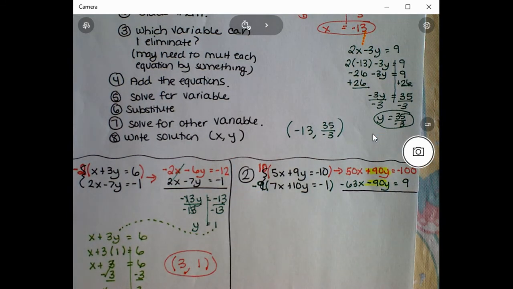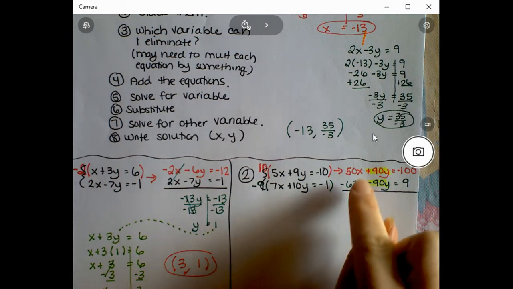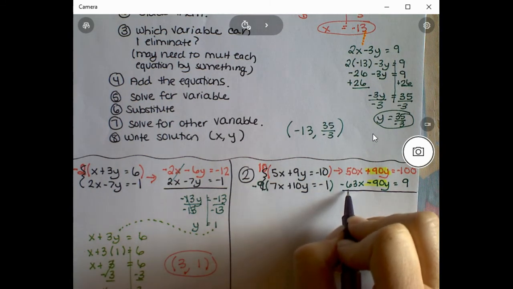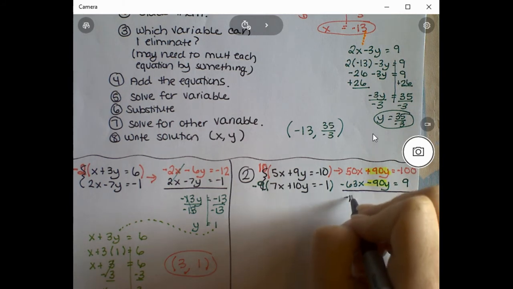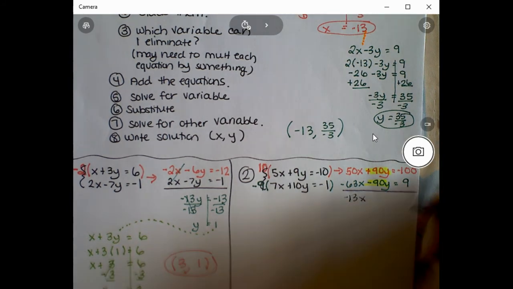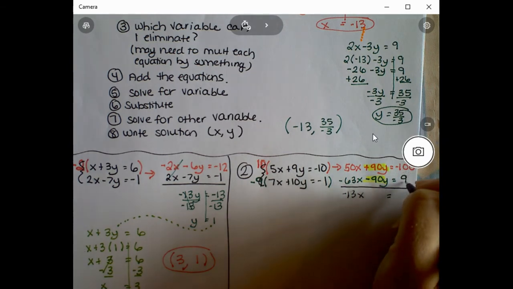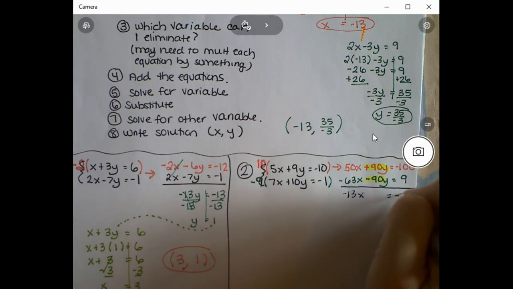Okay, we're going to solve this equation now, or not solve, we're going to add them together. 50 plus -63 is -13x. The y's are gone. -100 plus 9 is -91.